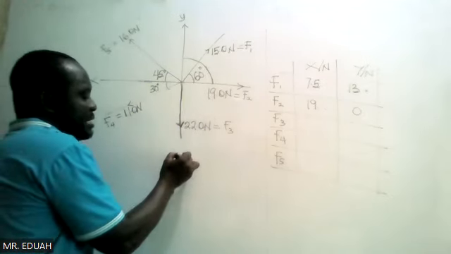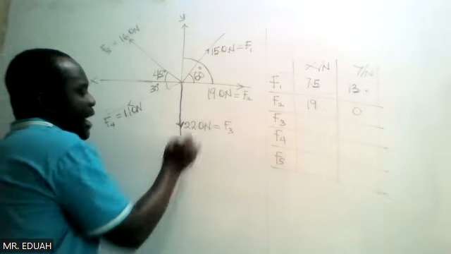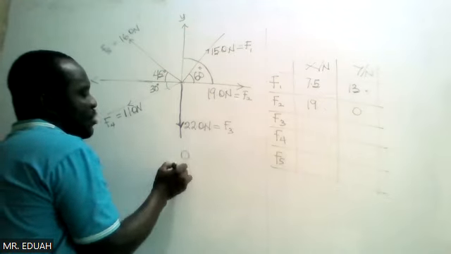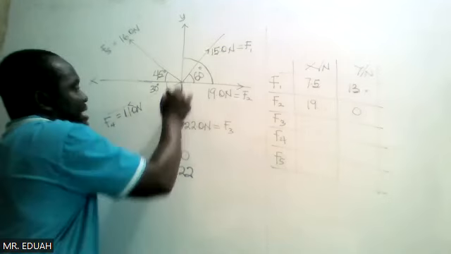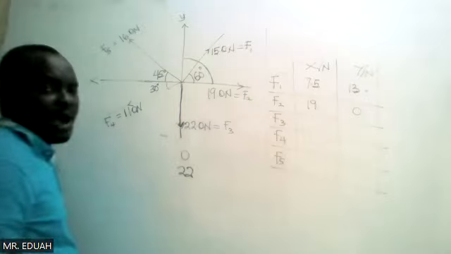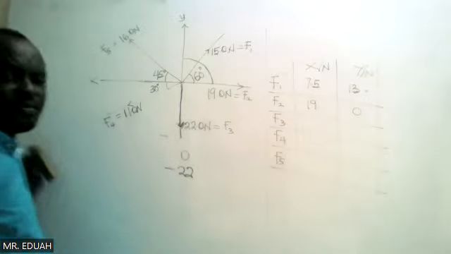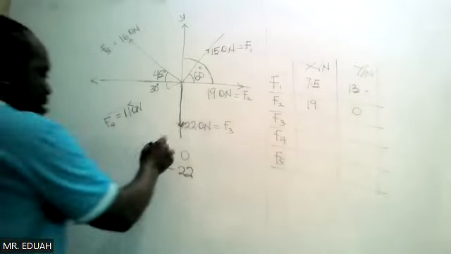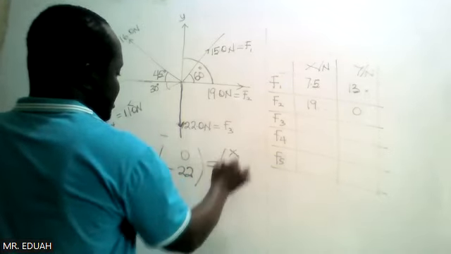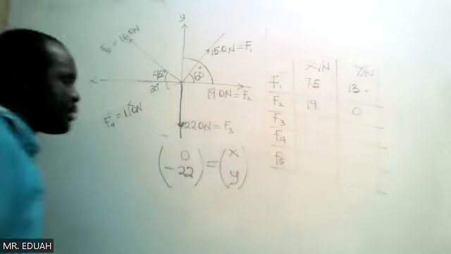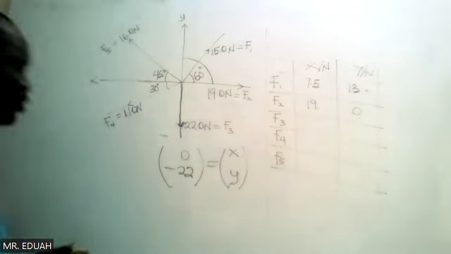So x is 0, and the component along the y-axis is 22. But this points to the negative y-axis, so minus 22. So these are the x and y components.